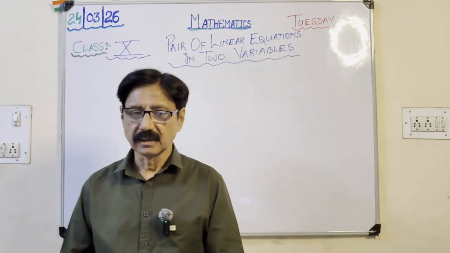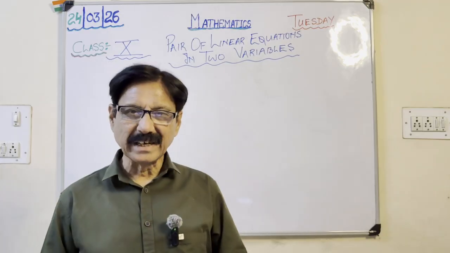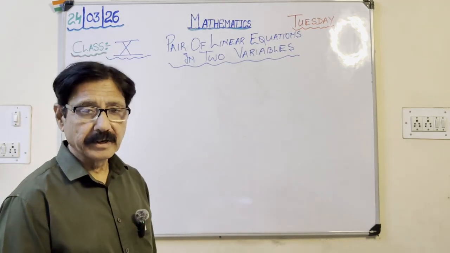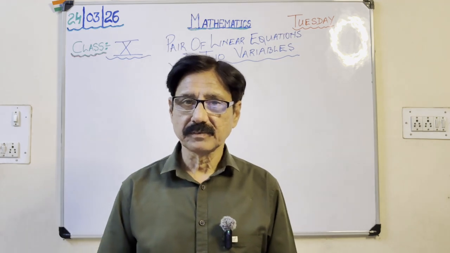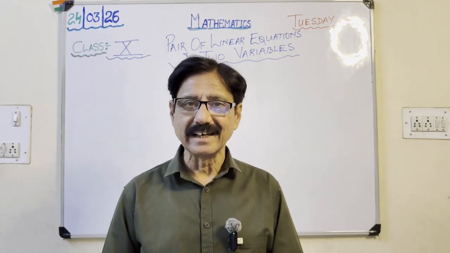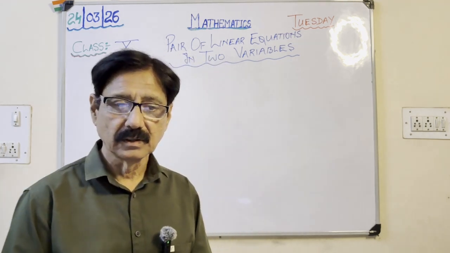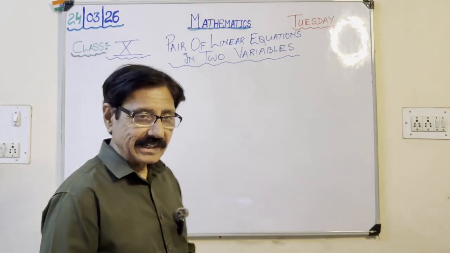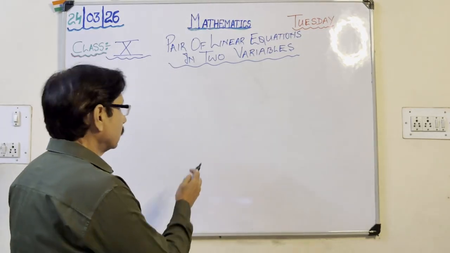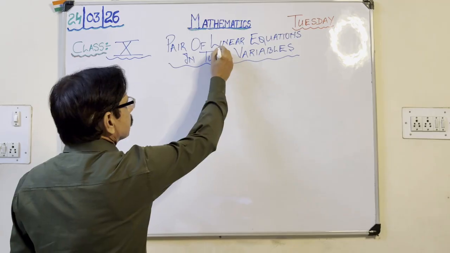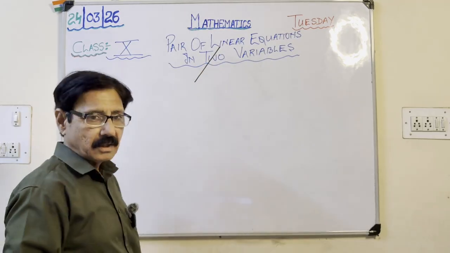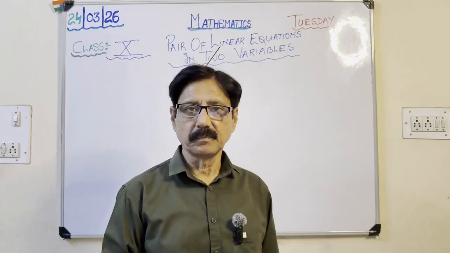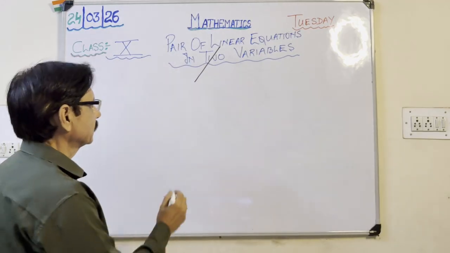In this video, you can say, we will see what is the meaning of linear equations in two variables. You must have studied in junior classes the linear equations in one variable, mainly in class 6th, 7th and 8th. The word linear means the variable is without any power, that is, the power is one.